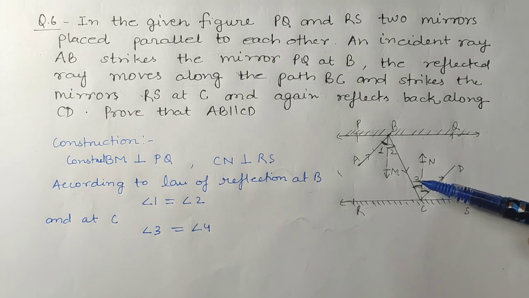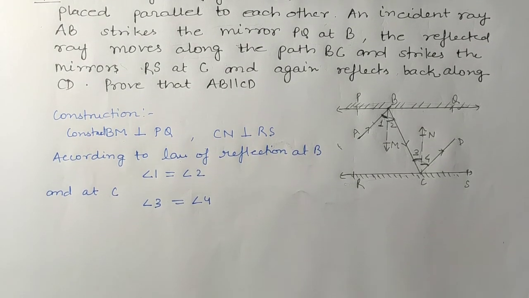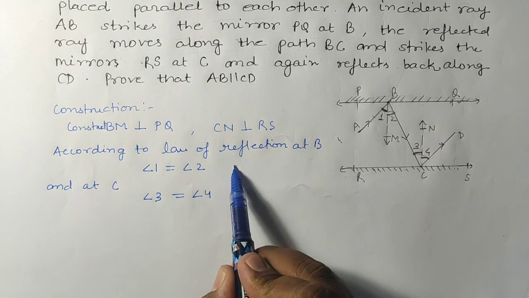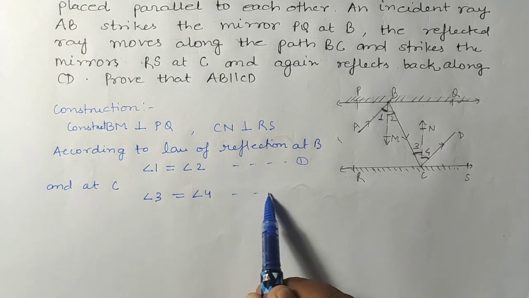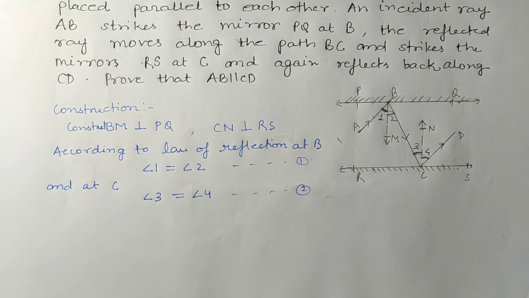This is the normal, so it will be angle 3 and angle 4. So the angle of incidence is equal to the angle of reflection. Angle 3 and angle 4 will be equal by the law of reflection. Suppose it is equation number 1 and this is equation number 2.